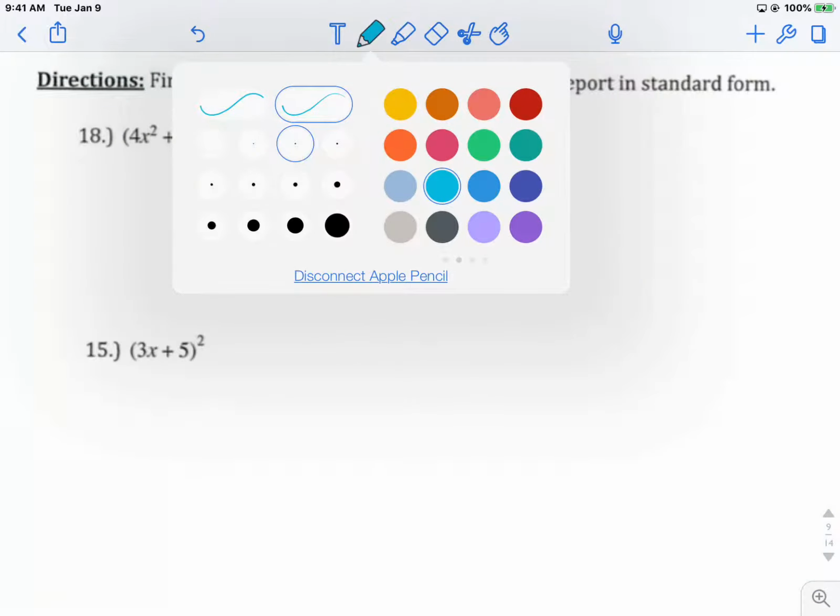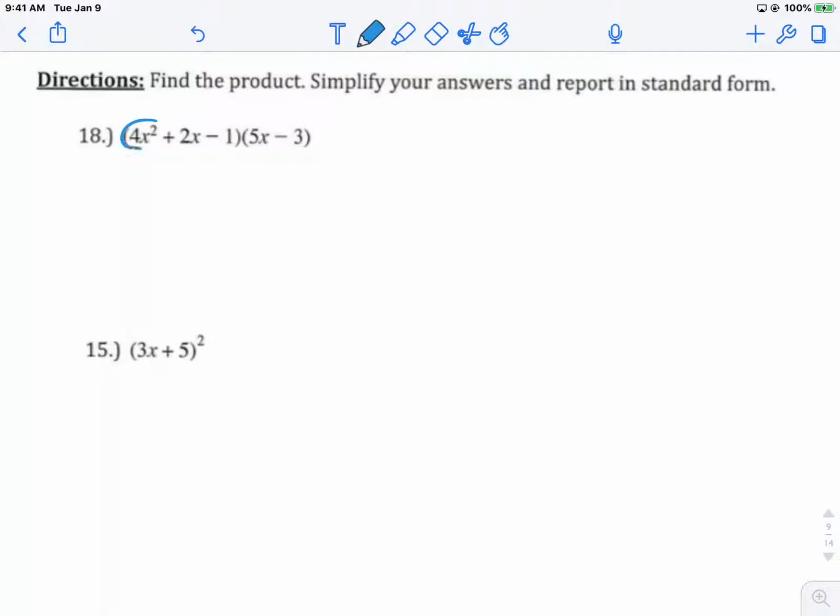So in looking at all those arrows, it can be a bit of a headache, so let's take this one at a time. Let's go back to a good color. So I'm going to take my first distributor and distribute that. So I've got that 4x squared that's going to have to multiply by those 2, so that's going to give me a 5 times 4, 20, x to the second times x is x to the third, minus 4 times 3 is 12, and x squared.